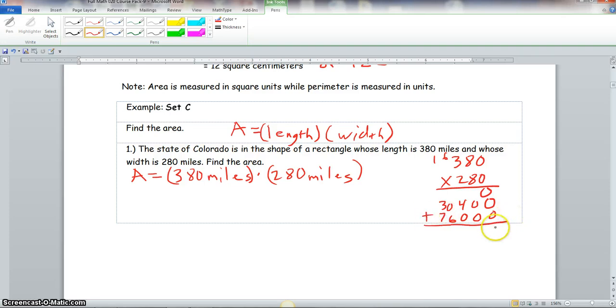So now we add them. We have 0, 0, 4, 6, and 10. So we have 106,400. So our area is 106,400, and it's square miles.